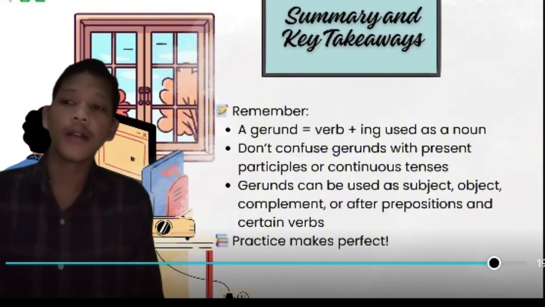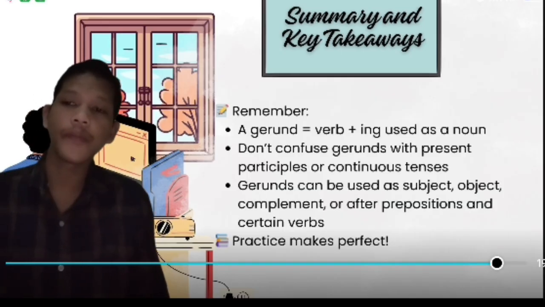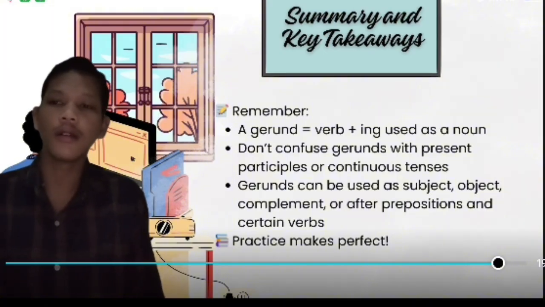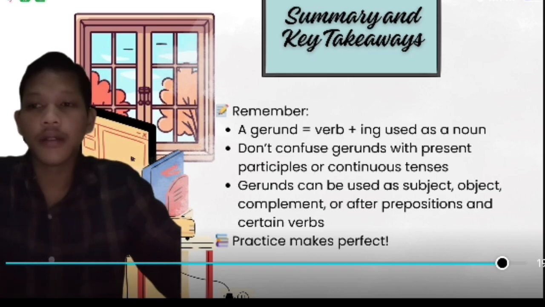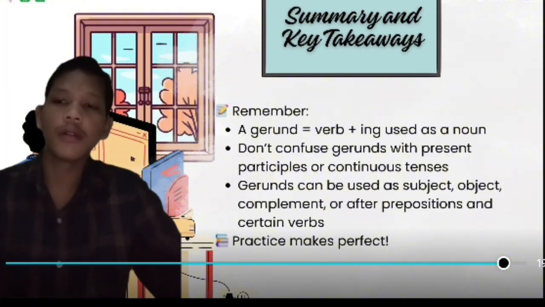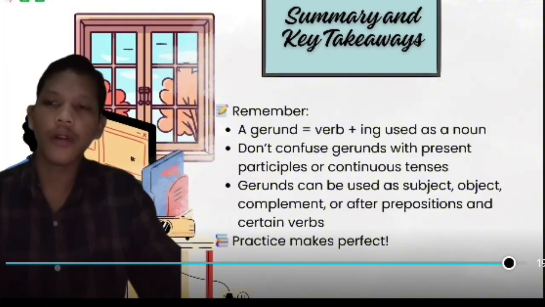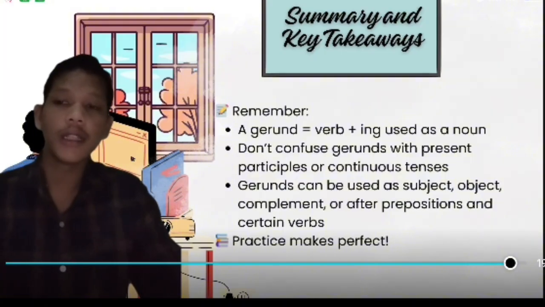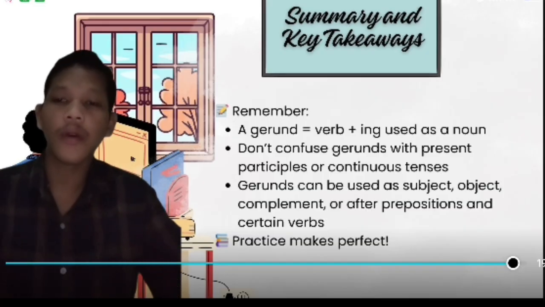But if the verb plus ing describes a noun, it means that it is a participle or an adjective. And if the verb plus ing works with is, are, was, were, it means that it is not a gerund, not a participle or an adjective, but it is a continuous verb that describes ongoing action.